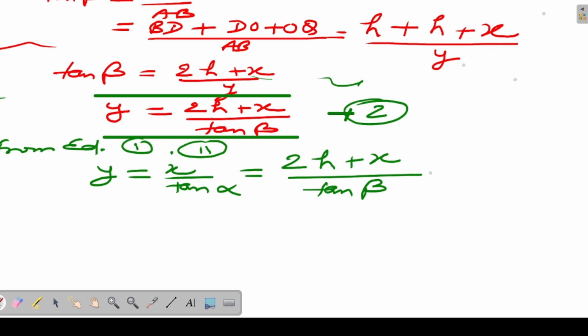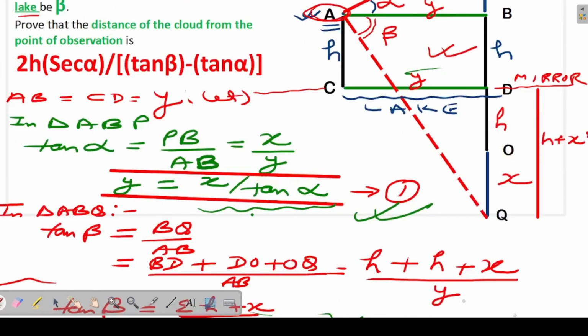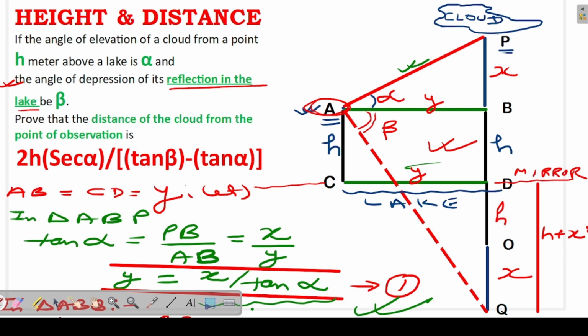Now calculate the value of x from here. Why we need that? Because if we know the value of x, we know the value of PB, and we already know the value of y, that is x by tan alpha. So from this, we use sine in triangle ABP. Why sine? Because the distance from the point of observation, that is A, to P, is AP, that is the hypotenuse.